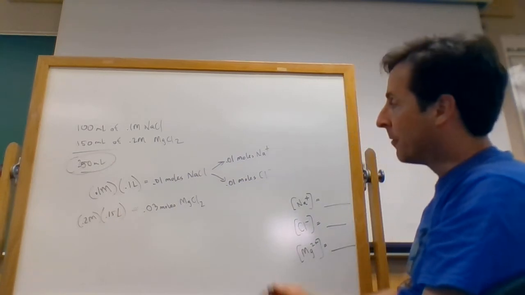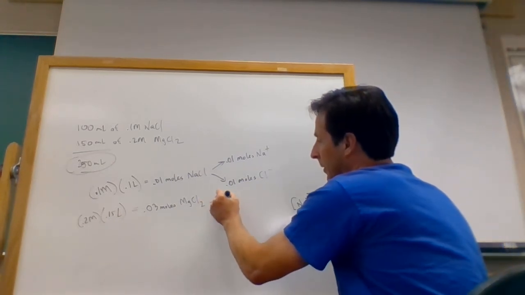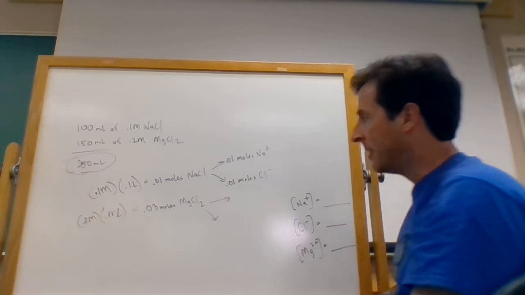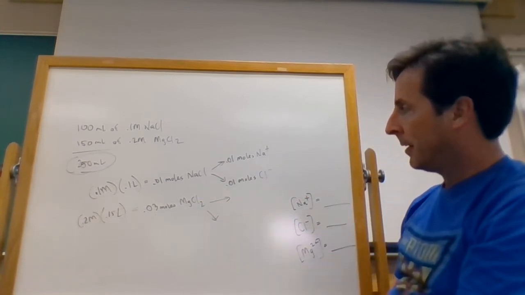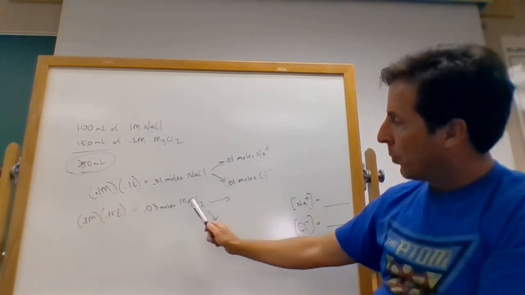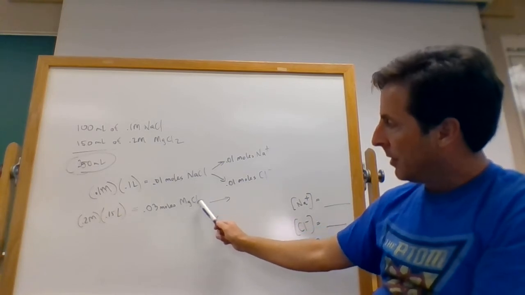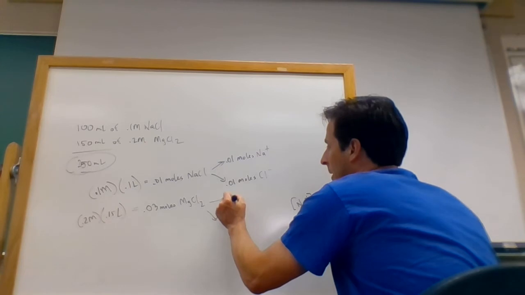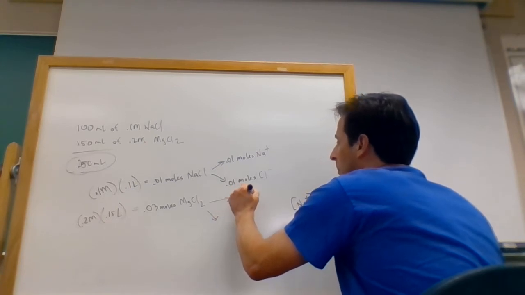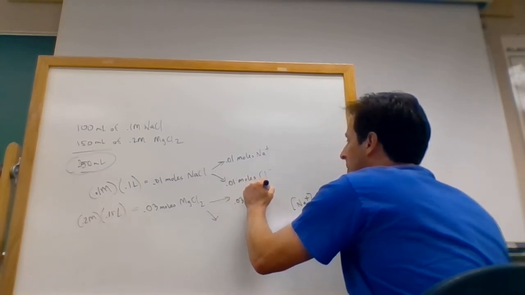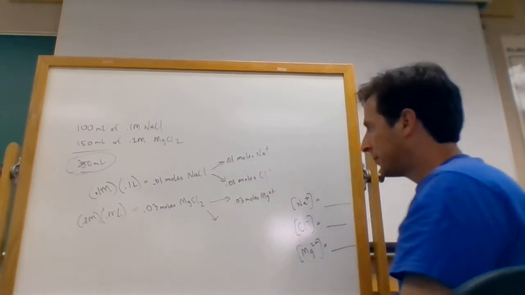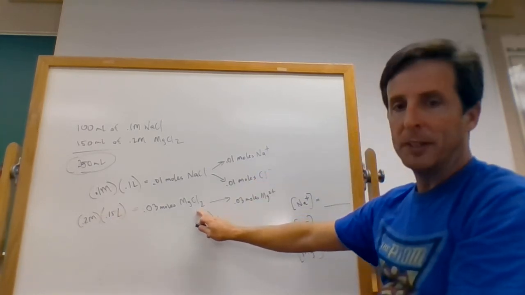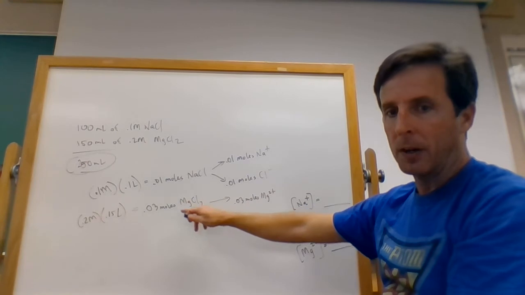All right, now from that, again, it's going to split to give magnesium and chloride. Now the magnesium, there's 1 Mg in the formula, so the amount of magnesium is going to be the same as the compound. So I'm going to have 0.03 moles of Mg2+, but then the chloride is going to be double because there's 2 chlorides per compound.